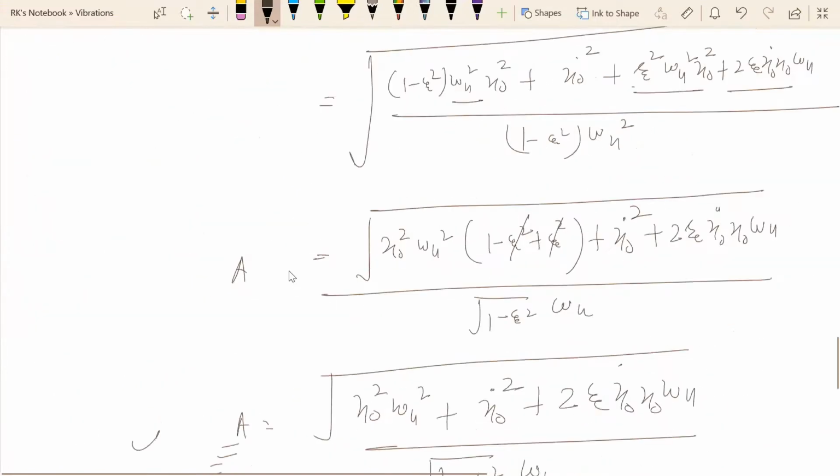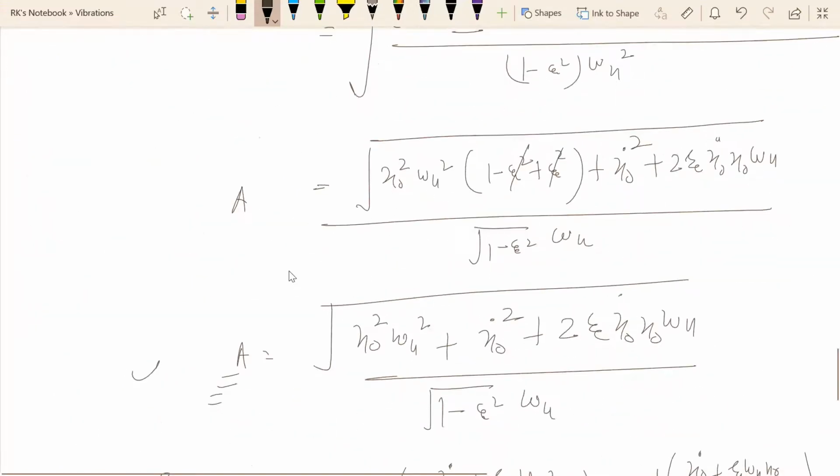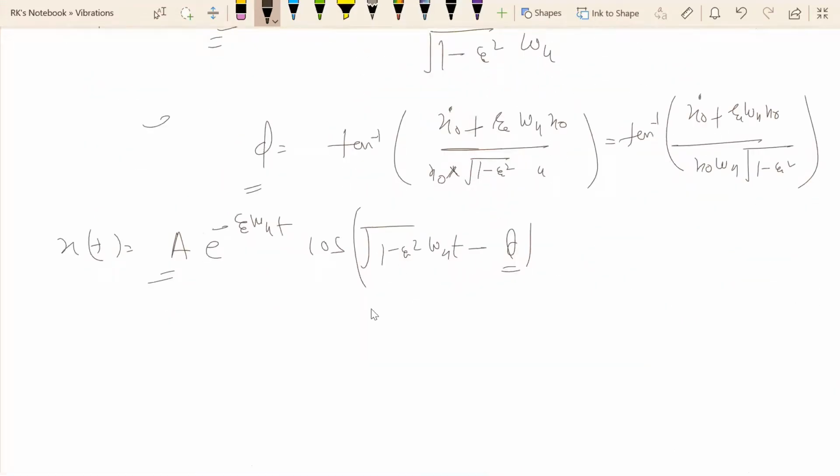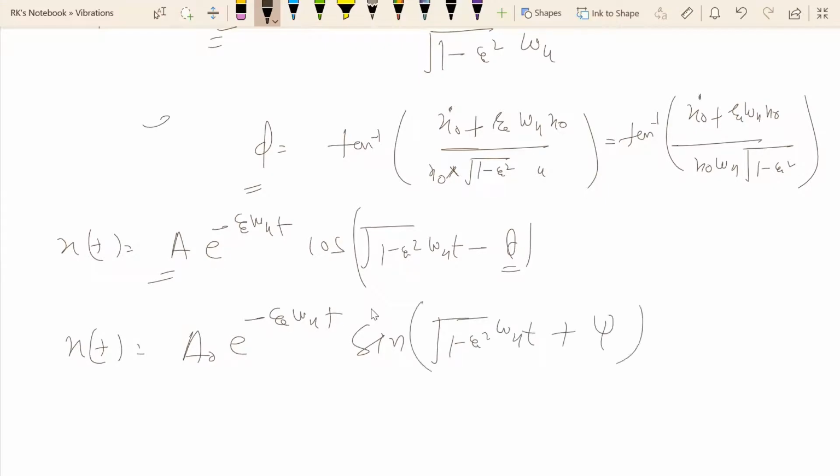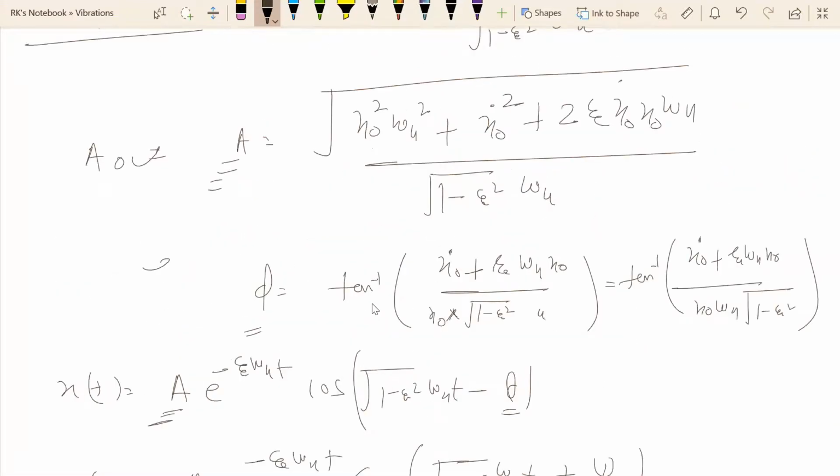Already A and A naught are the same, so we can find A naught in a similar way.